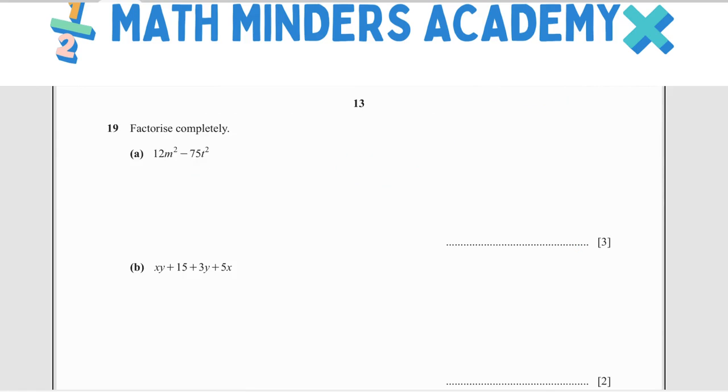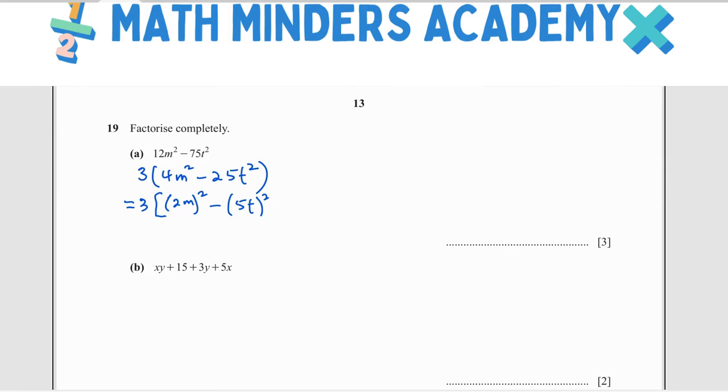So question number 19, we want to factorize. So here, we factor 3 out. We are going to have 3 into 4, 2m squared minus 25t squared. So inside the bracket, this is 2m all squared minus 5t all squared.